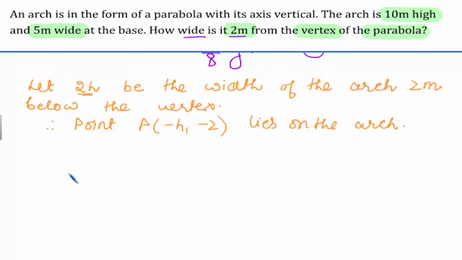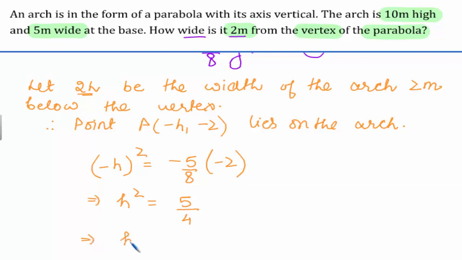So in equation 2, replacing the values of x and y, in place of x square we have h square is equal to minus 5 upon 8 into y, that is minus 2. So this implies that h square is equal to 5 upon 4, which implies that h is equal to square root of 5 divided by 2.